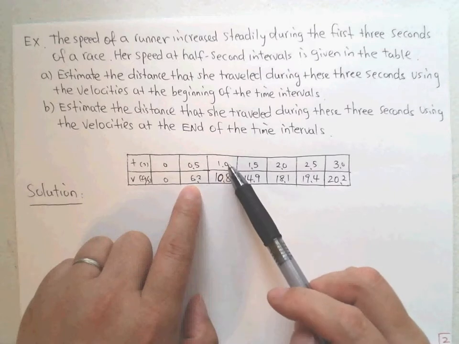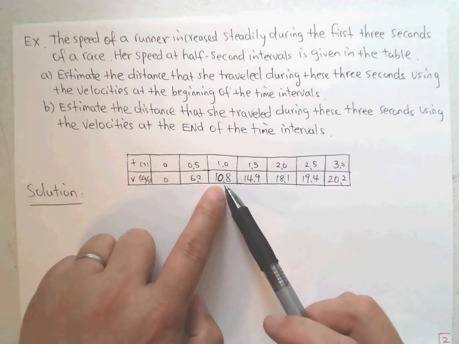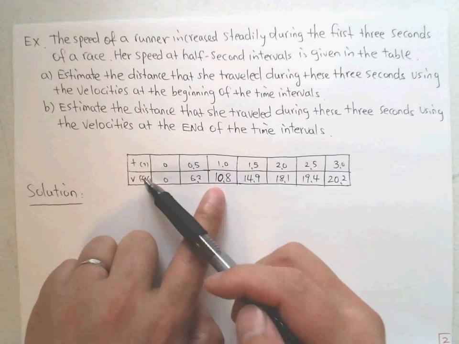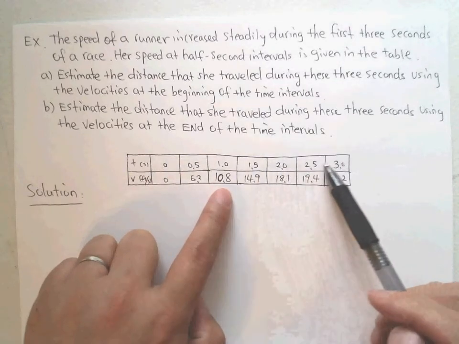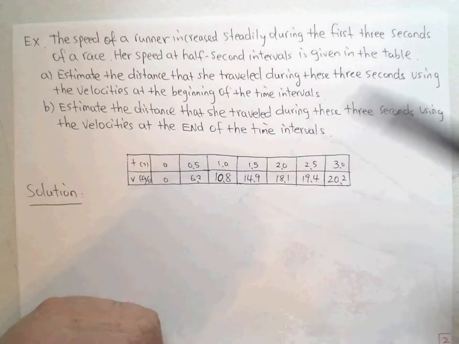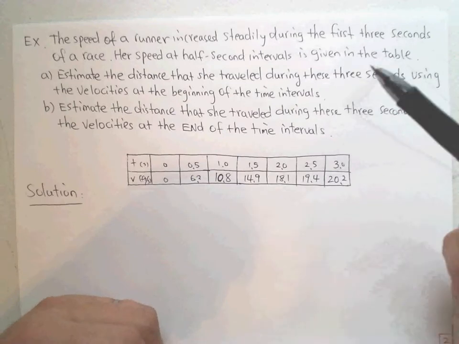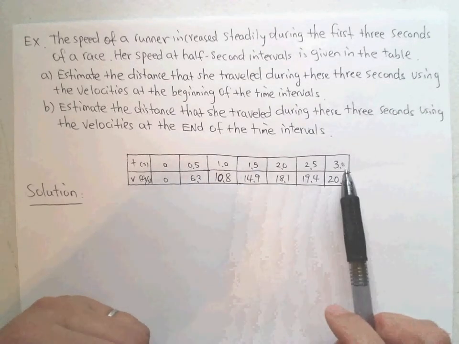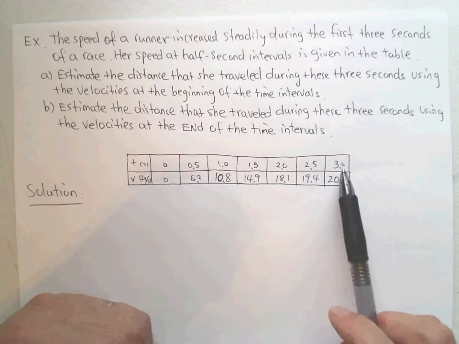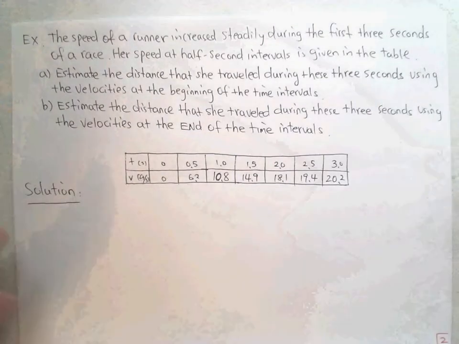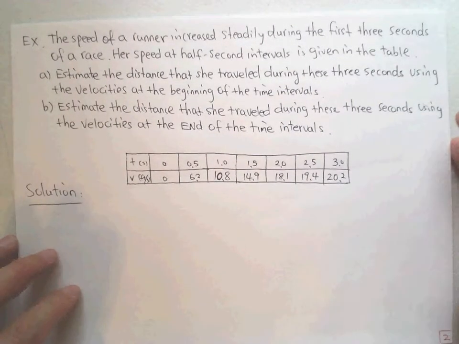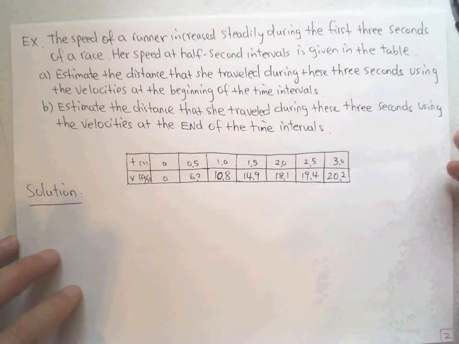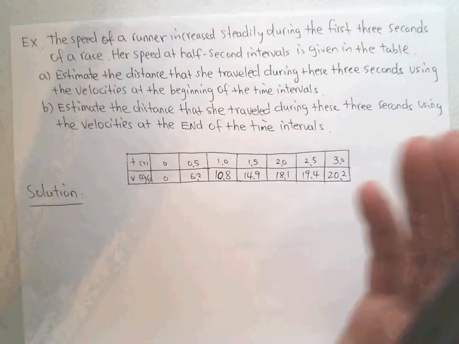the increase, right? So the time goes to 1 second, and the speed goes to 10.8 feet per second, and it moves on and speeds up, right? The runner speeds up during the first 3 seconds. So of course the velocity changes, it's not a stable velocity, it's not a stable movement.